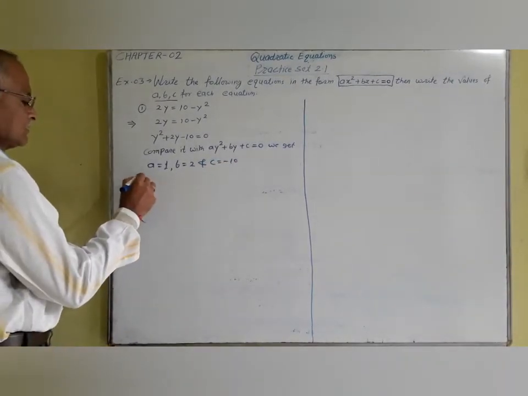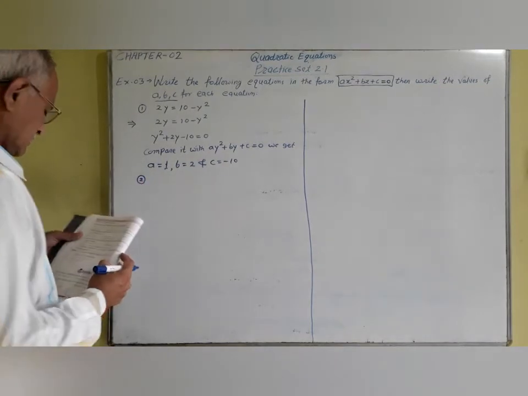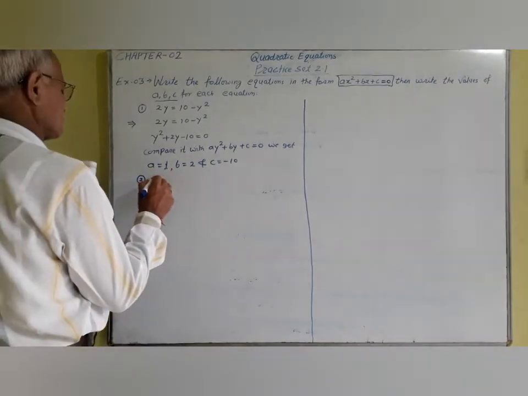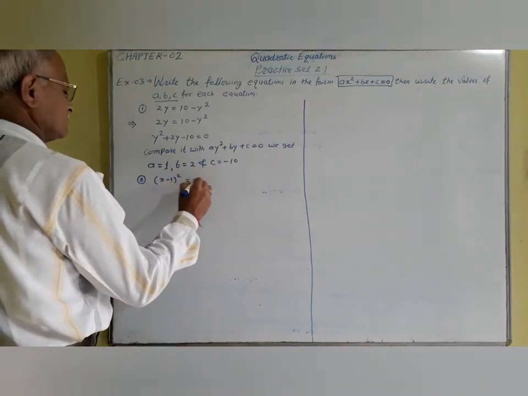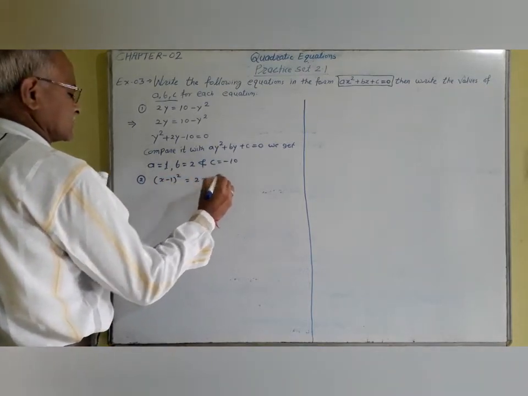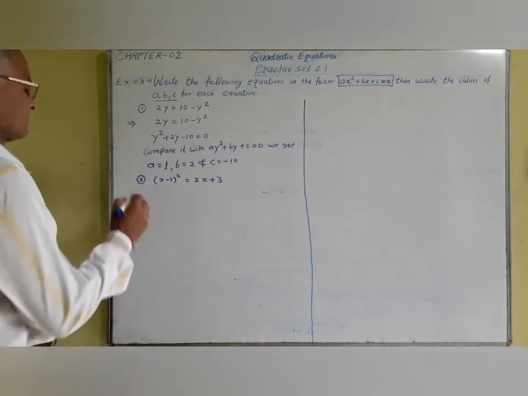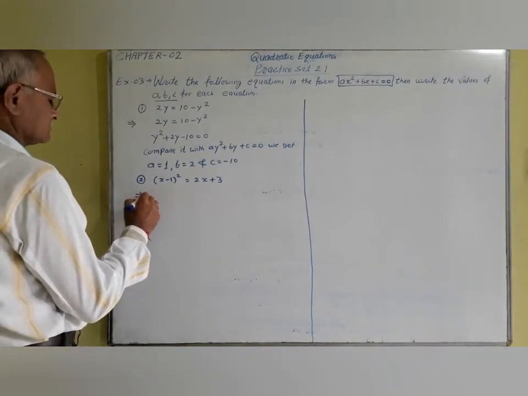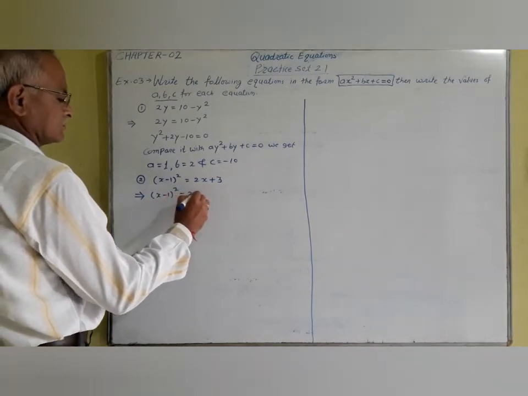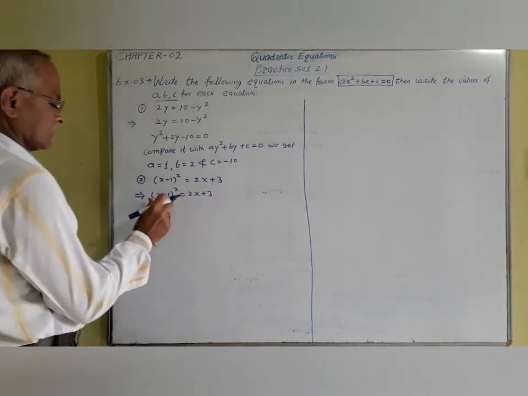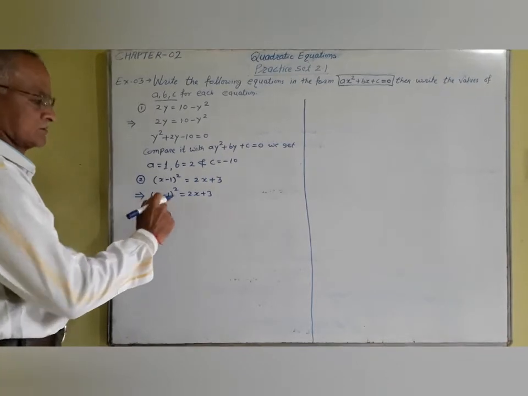Now example number 2. It is x minus 1 whole square is equal to 2x plus 3. First of all we write the given equation. x minus 1 whole square is equal to 2x plus 3. Now expand x minus 1 whole square.